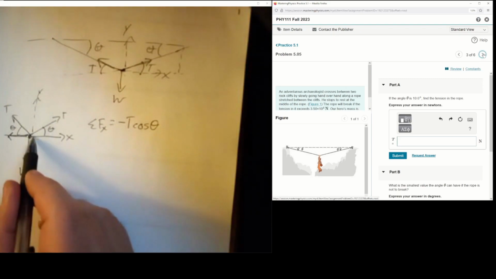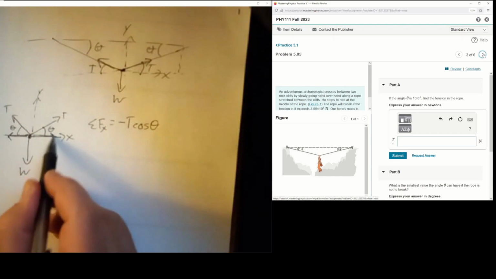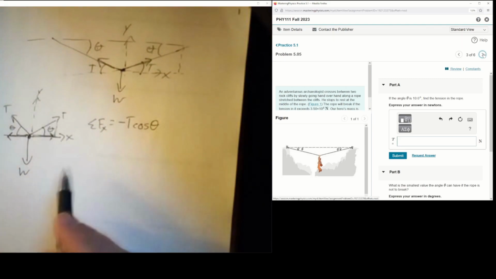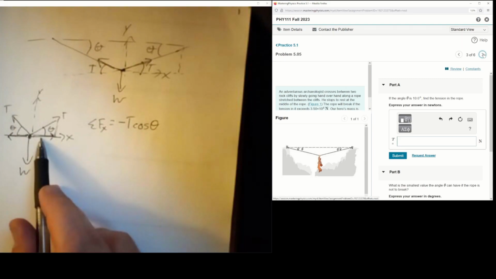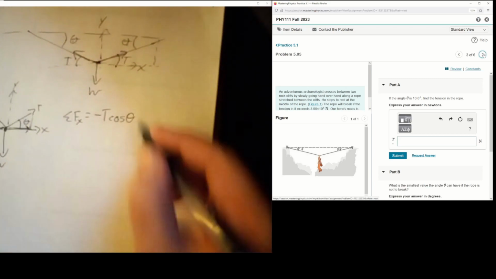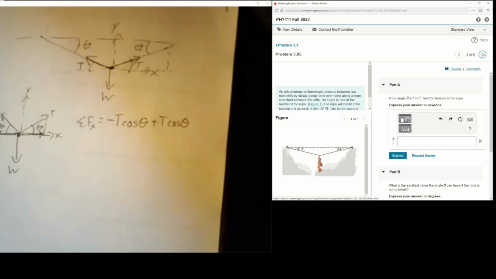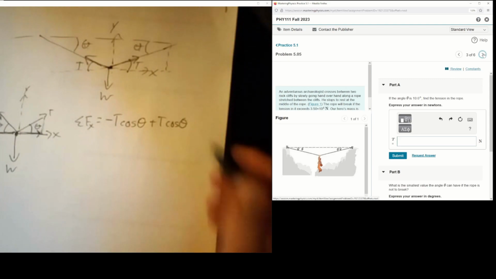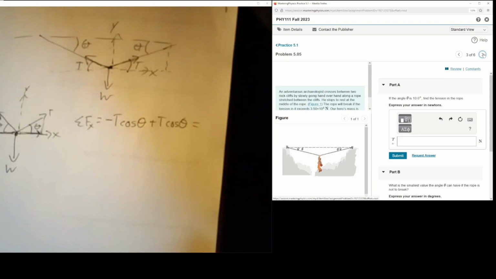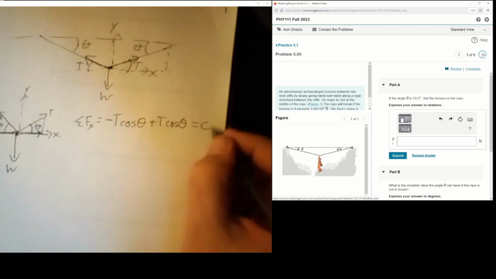Also in the x direction is this component of this right triangle. In the positive direction, it's also the adjacent leg, which is going to get us cosine. Newton says this equals ma, but we're just hanging there, so our acceleration is 0.